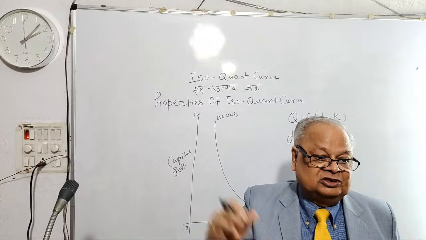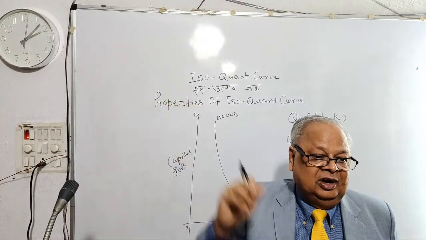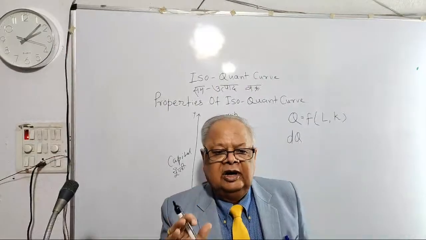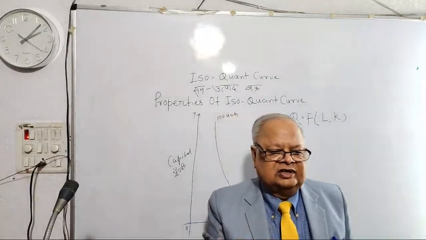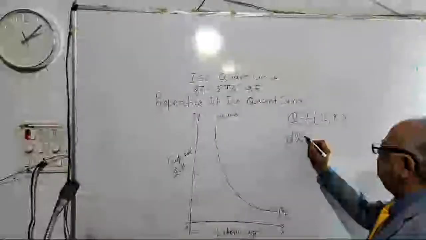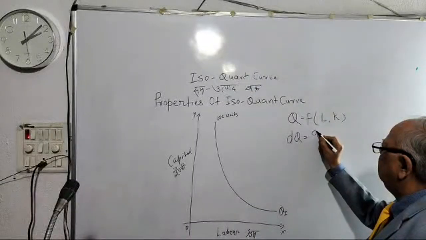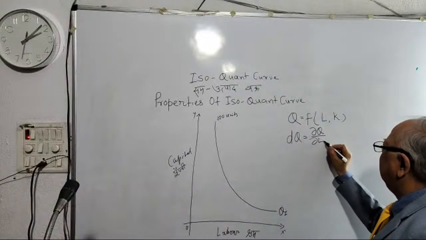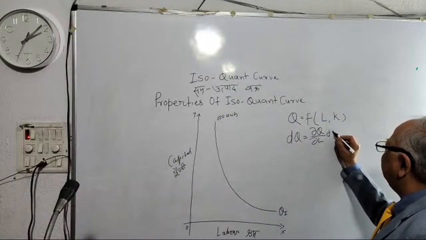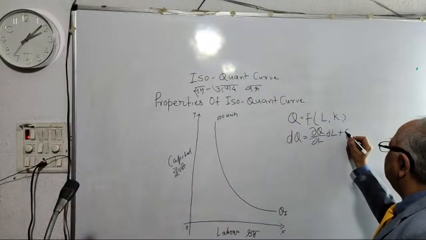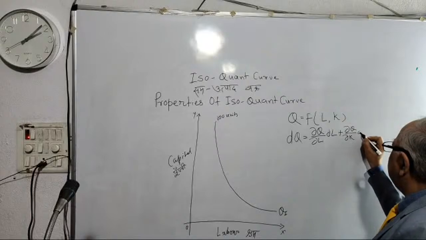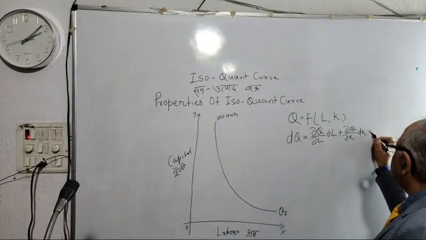If there is maximum production of potato, it is through labor and capital. Two factors are there, and then dQ will be equal to del Q by del L into dL plus del Q by del K into dK is equal to 0.